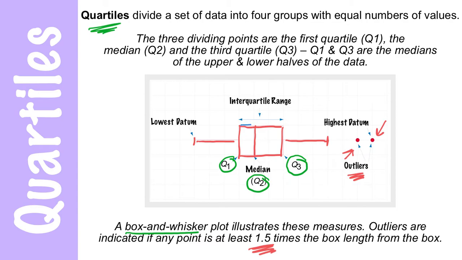So if the box length, or the interquartile range, is here, then 1.5 is your measuring stick, and because these 2 pieces of data are beyond that, we're going to call them outliers. The same could be said if you had some data points on the lower end. You would also call those outliers and use the same measuring stick.